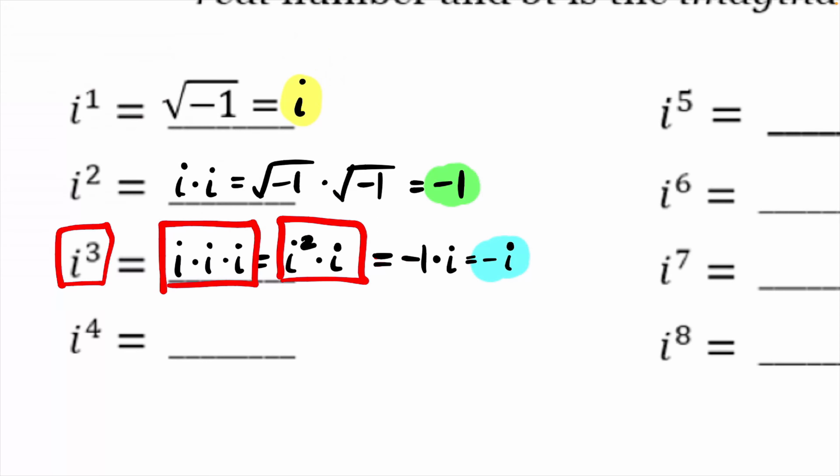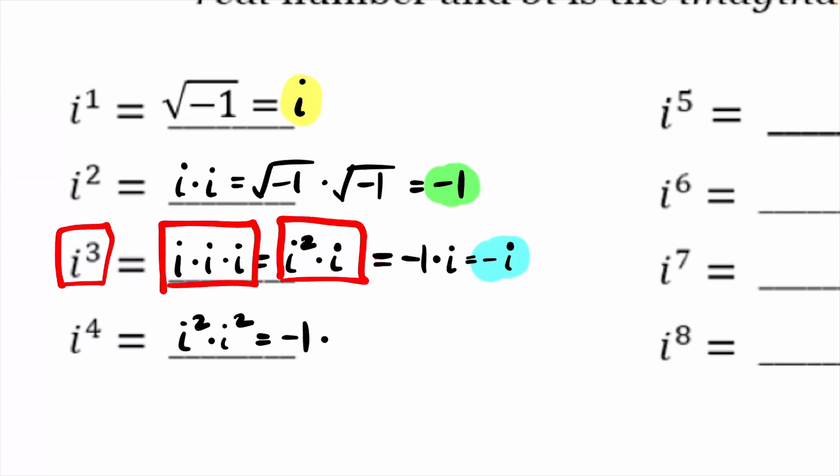i to the fourth. What's a way I can write i to the fourth using things that I know already? i squared times i squared. i squared times i squared, i cubed times i to the first, any of those will work. I'm going to use i squared and i squared because what's the answer to i squared? -1, right?